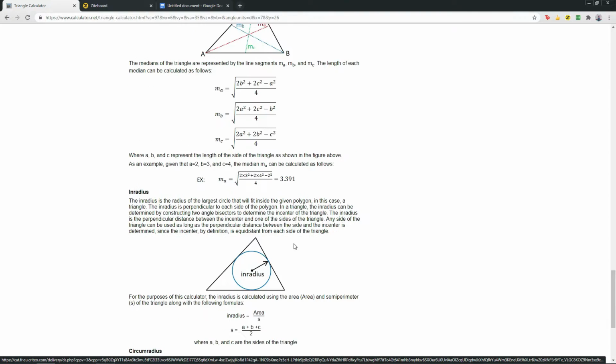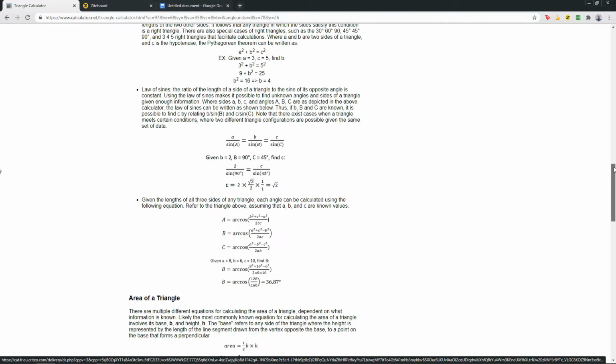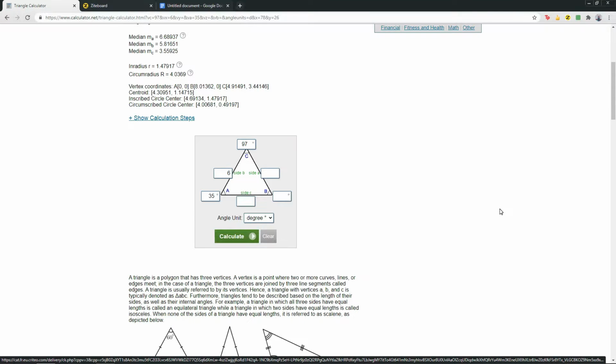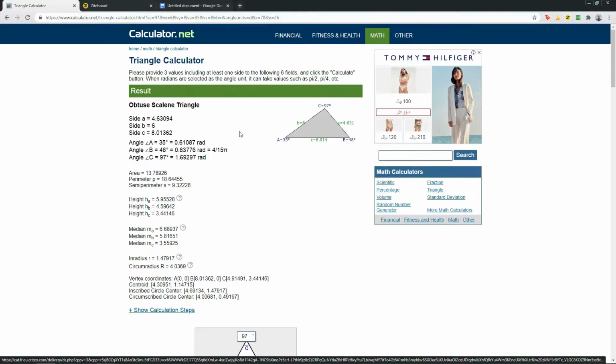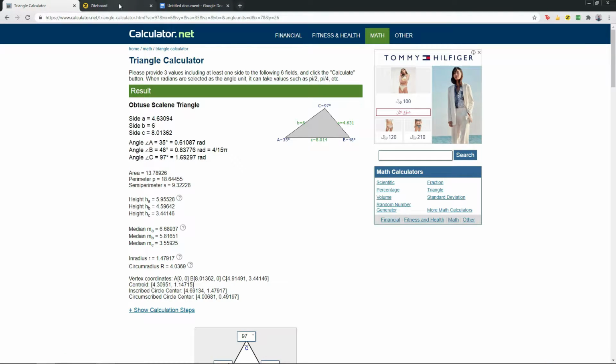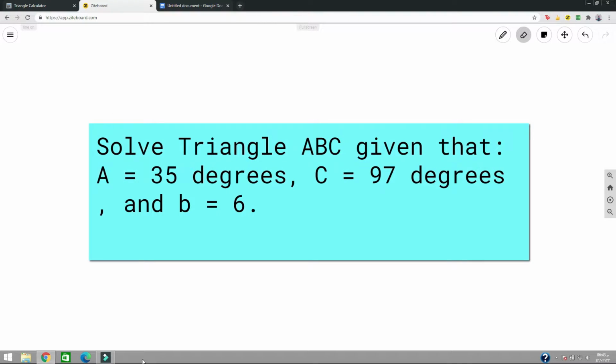So overall, this website is very useful, especially when we're given limited time to get the values of a certain triangle. This is a very useful tool for us to use. So yeah, that's pretty much it for this website. Let's move on to the next.